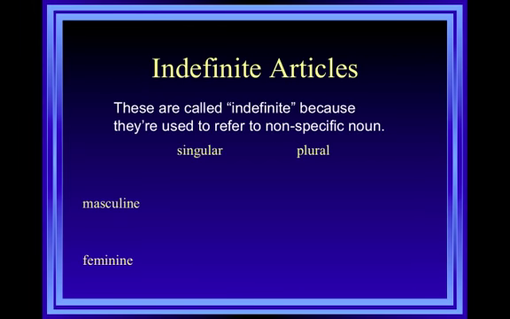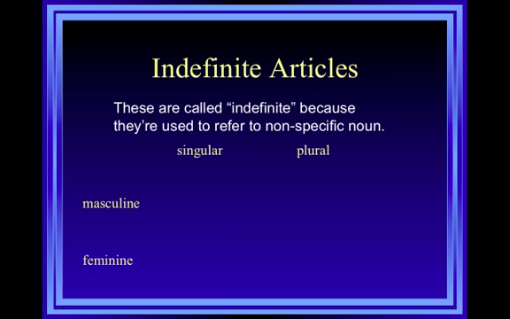First, let's start talking about indefinite articles. They're called indefinite articles because they're used to refer to something that's not specific, or it's indefinite. For example, if I need a pencil, I would just say, I need a pencil. I don't need a specific pencil, I just need any random pencil. Versus if I were to say, I need the pencil that's on the table, then I'm talking about a specific pencil.